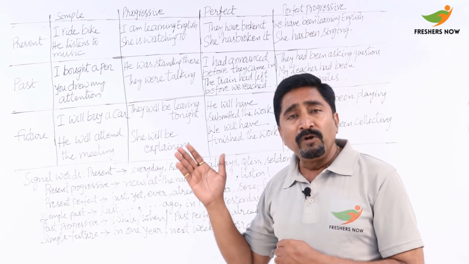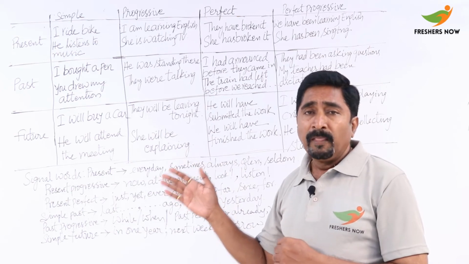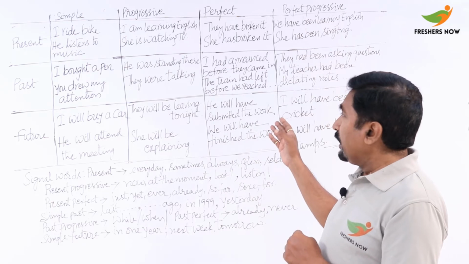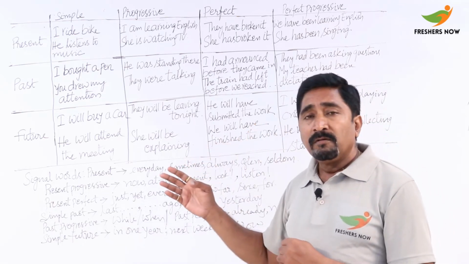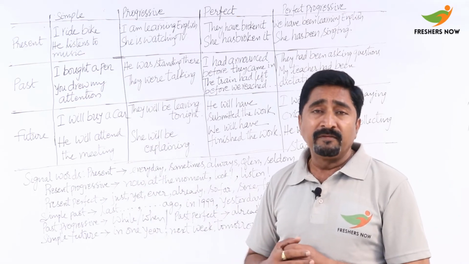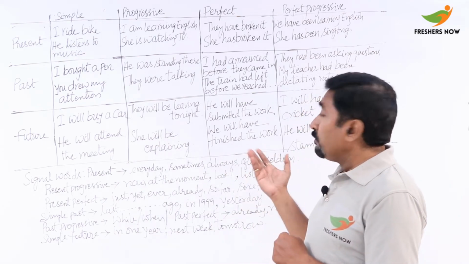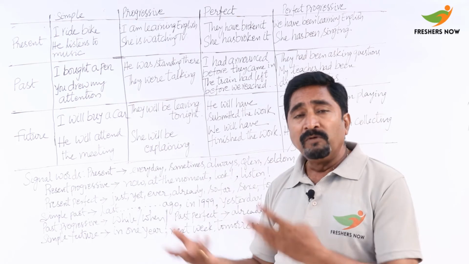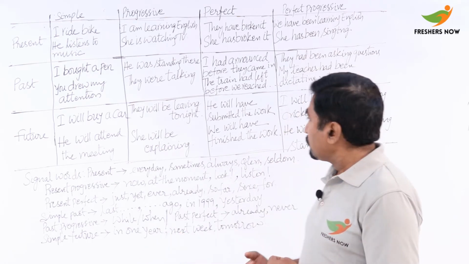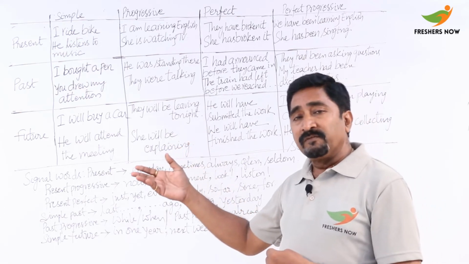So this is where we need to take care. You might have understood when I took this: he will have submitted the work before you go there. Go, simple present tense. We will have finished the work before you ask. Ask, simple present tense.